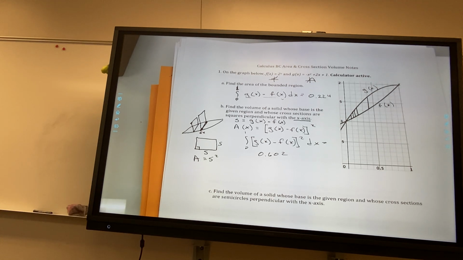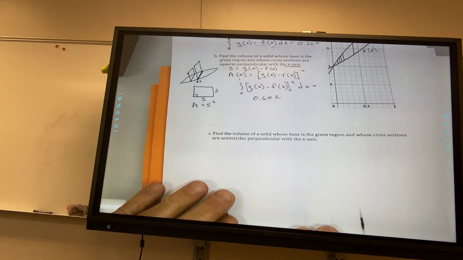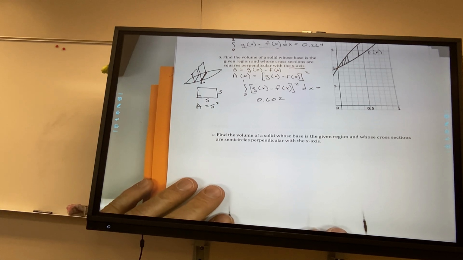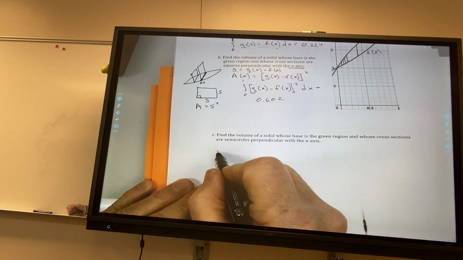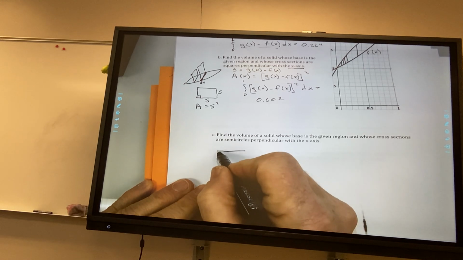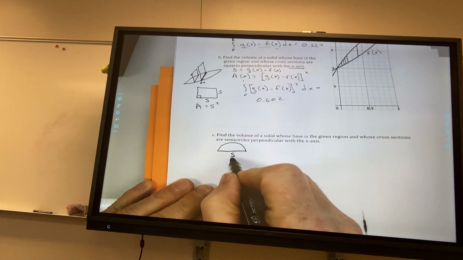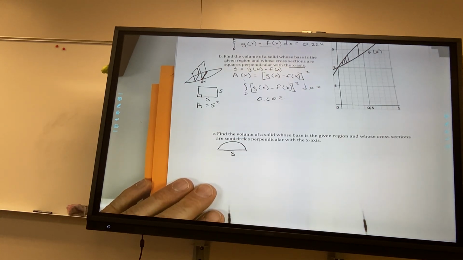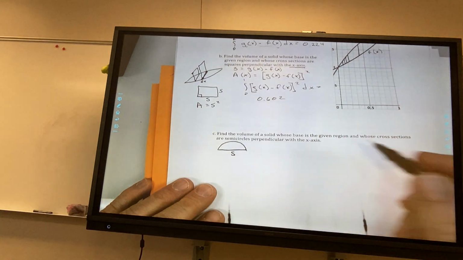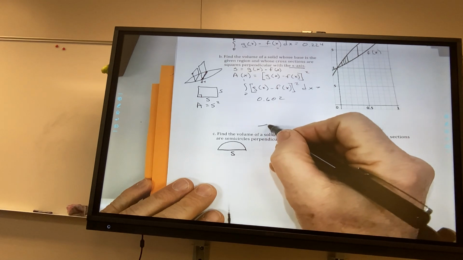Are we doing okay? Now what we have here is the same region, but our cross sections are semicircles. And this is one that usually trips up some students. So what I do is I draw my semicircle, and I call this S. So again, you don't have to do this, but I need to work on my art skills anyway.